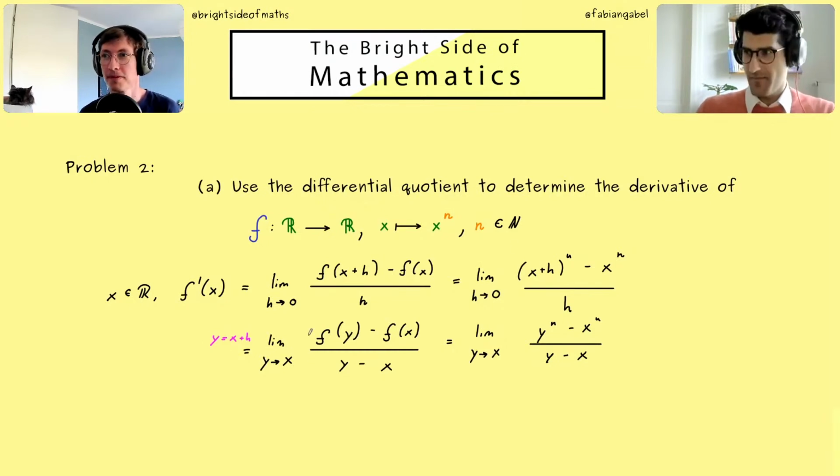So it's the same, but a different way to look at it, because you send some variable to another variable instead of sending h to 0. With the substitution you're just shifting the problem by x, and that's all. But here it helps. I think this is the better approach because you see the symmetry. There you are right.